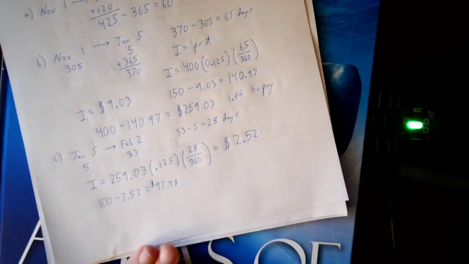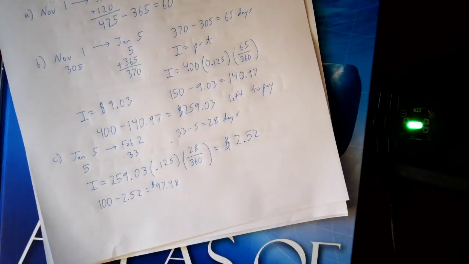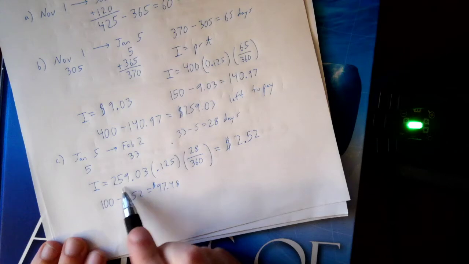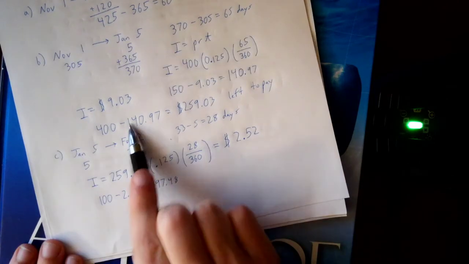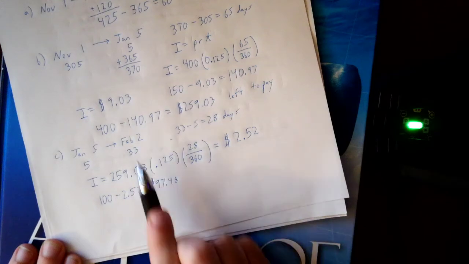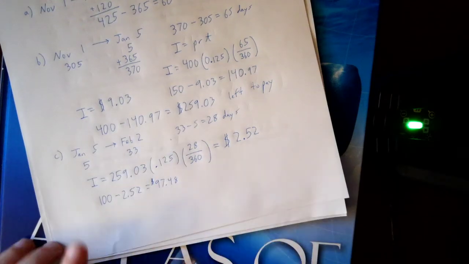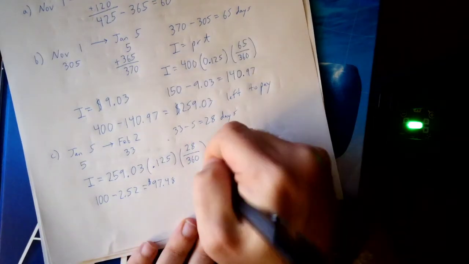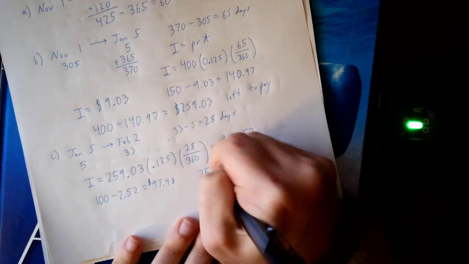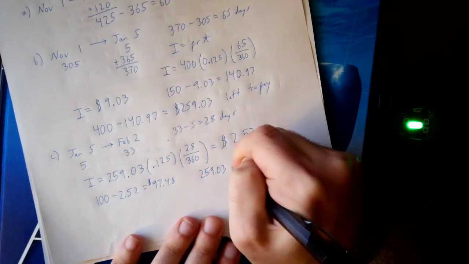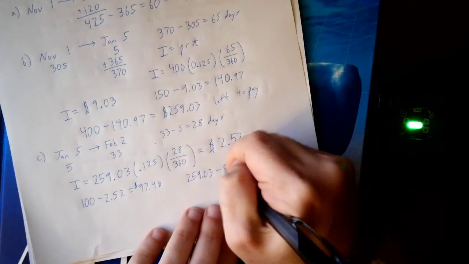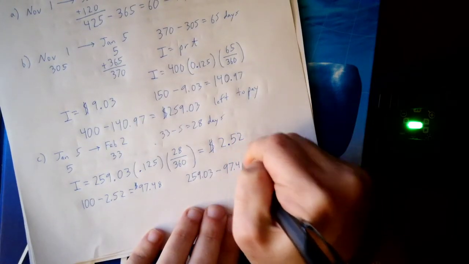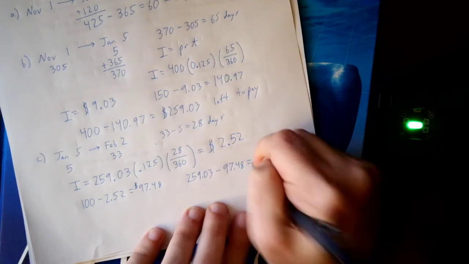So I paid $97.48 to the principal. Now, the principal is $259.03 because I've already paid some of it, right? I already paid some of it on the 5th. Now it's the 2nd of February, right? So, if the new principal is $259.03, I can subtract my partial payment, right? $97.48 will go to my principal.